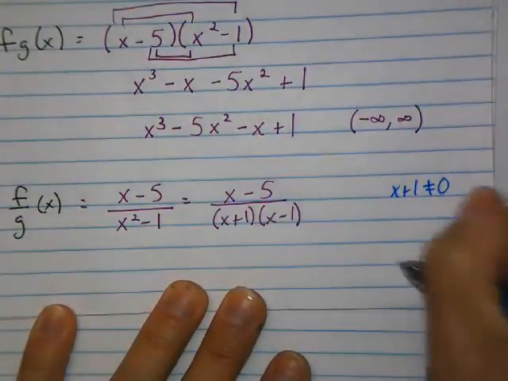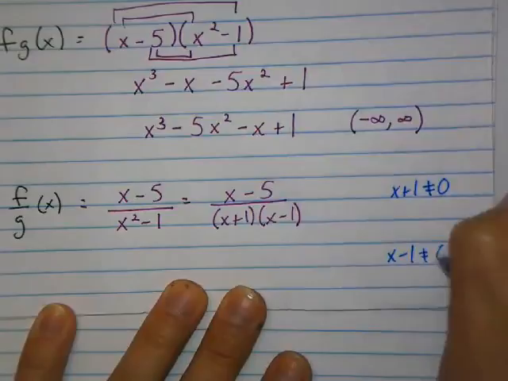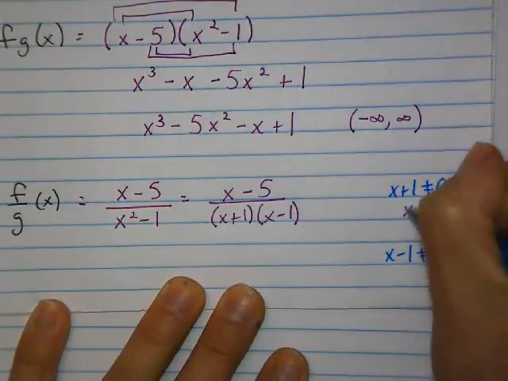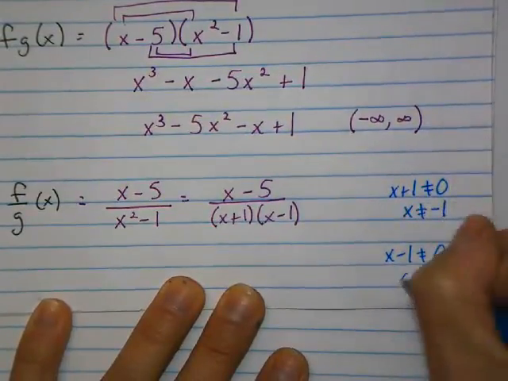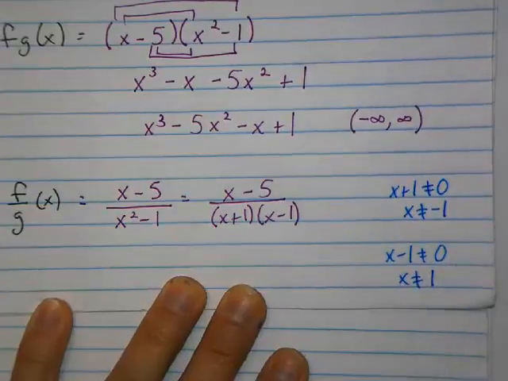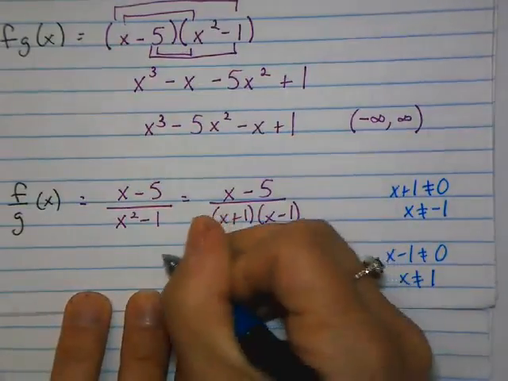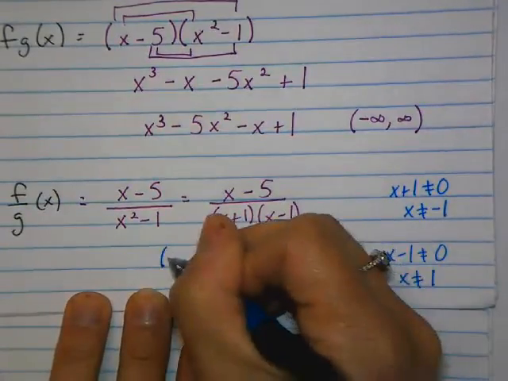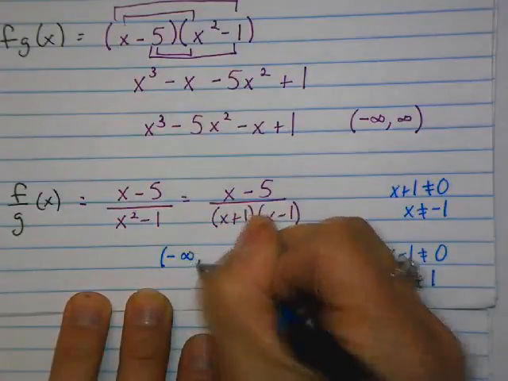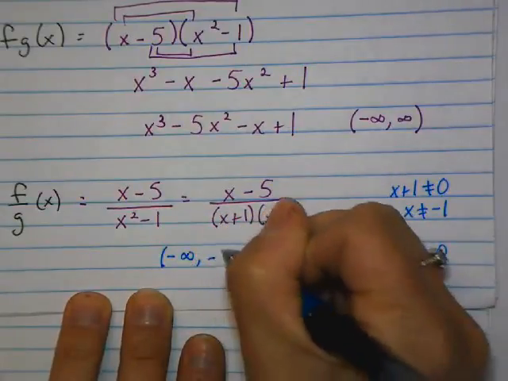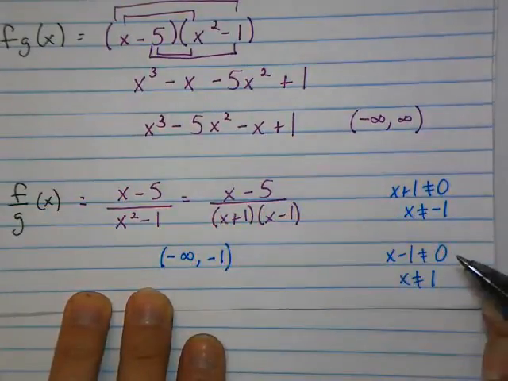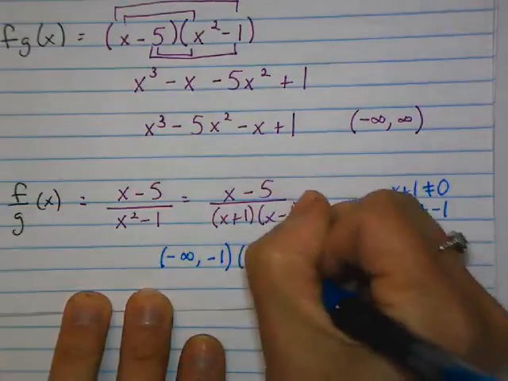So x cannot equal negative 1, and x cannot equal positive 1. Those are the points where the vertical asymptotes will arise. So my function begins at negative infinity and travels to negative 1, where it hits its first asymptote. Then it goes from negative 1 to positive 1, and then from positive 1 to infinity.